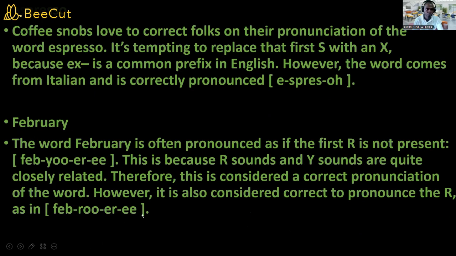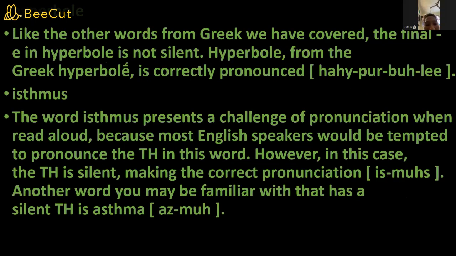Some people say it differently, but it's actually February. That's why some people, when they are fasting, say February. Then we have hyperbole. So hyperbole is pronounced hyperbole. So isthmus.